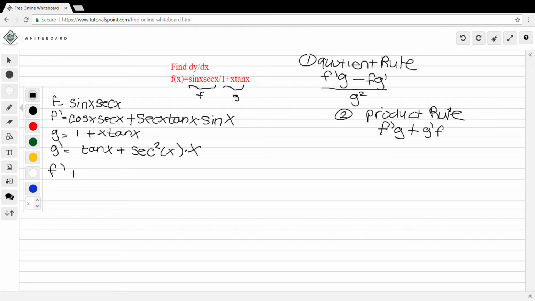So f prime of x equals cosine x secant x, plus secant x tangent x sine x, multiplied by 1 plus x tangent x.